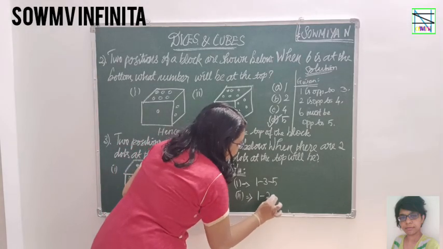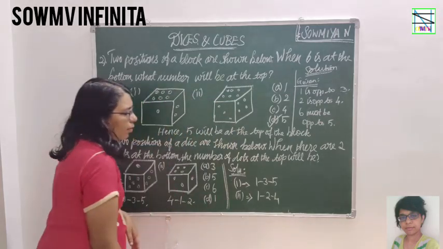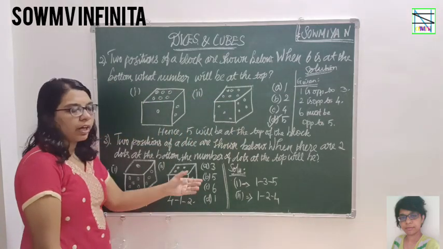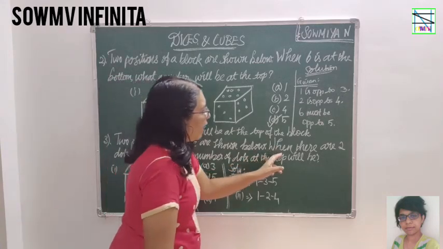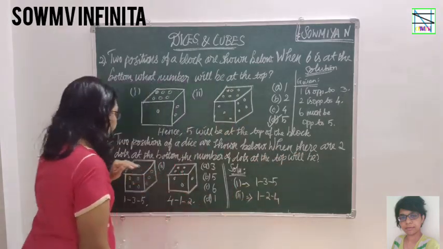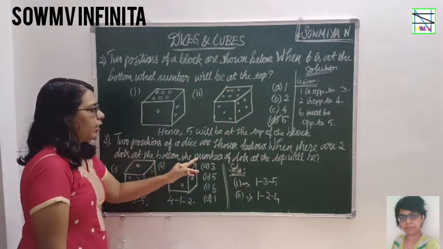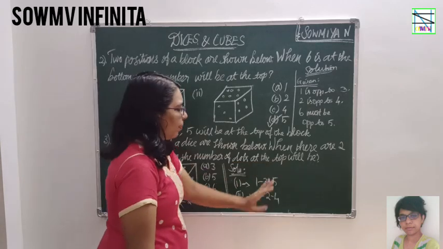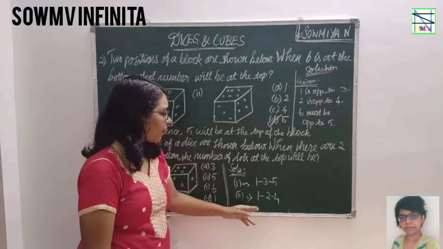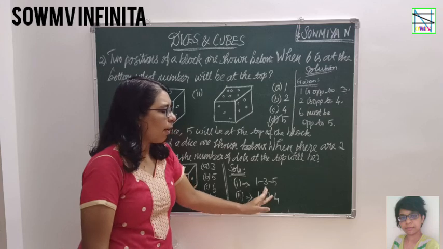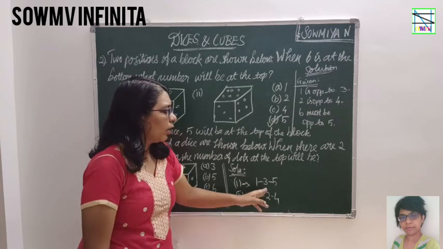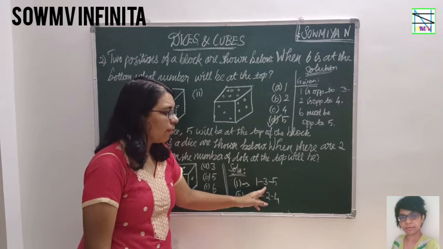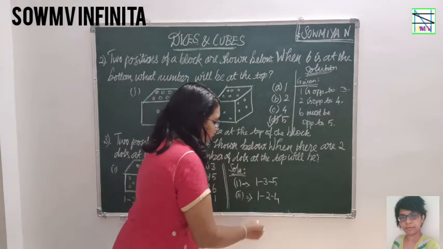That means in the question, when there are two dots at the bottom, the number of dots at the top will be, which means 2 is opposite to 3. If 2 is at the bottom, the 3 will be the top of the dice.